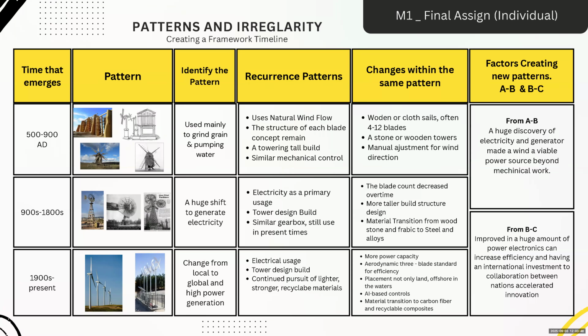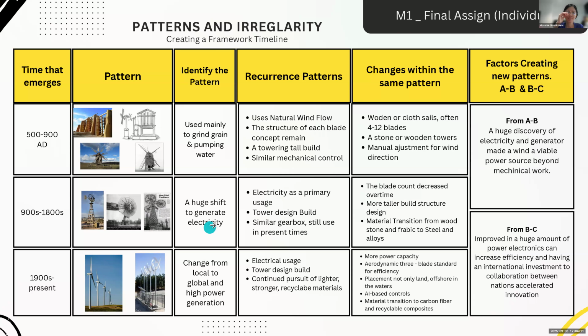They rise over 200 meters tall, often far offshore, and are connected to global energy grids. What caused this was advanced materials like carbon fiber, better power electronics, government support, and the urgent need for renewable energy.